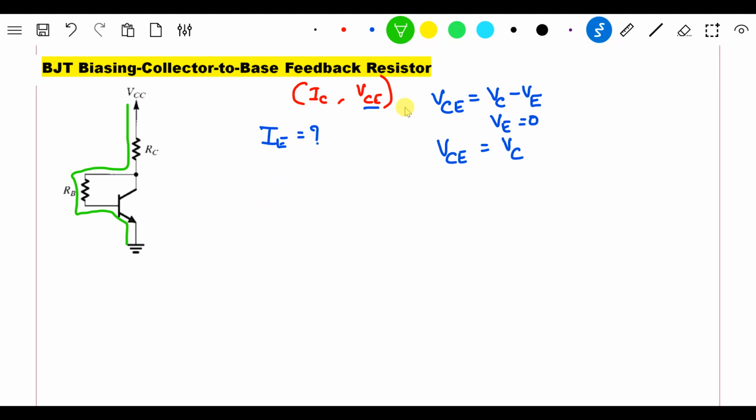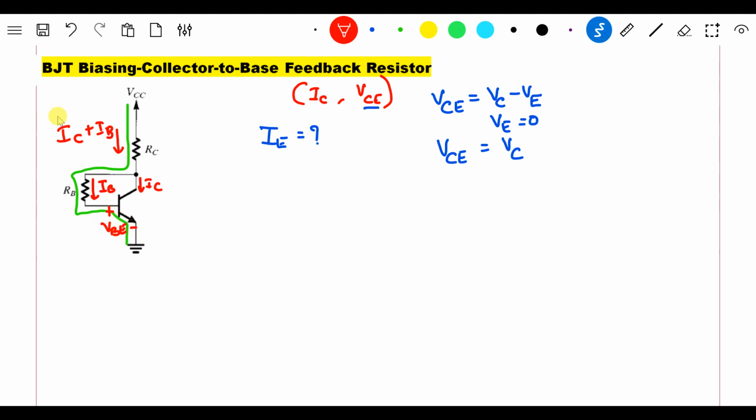If I write the equation for that loop, I see that the current through RC is IC plus IB, the current through the collector is IC, whereas the current through RB is IB, and the voltage between base and emitter is VBE, which is 0.7 volts.